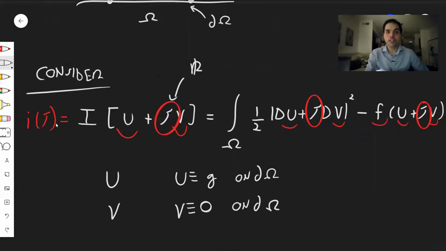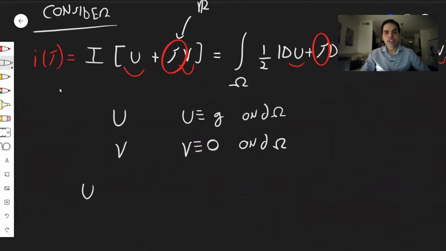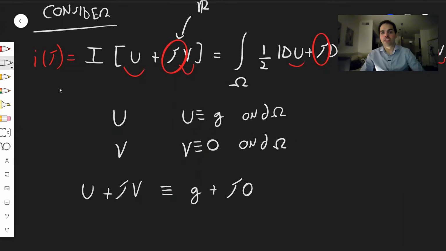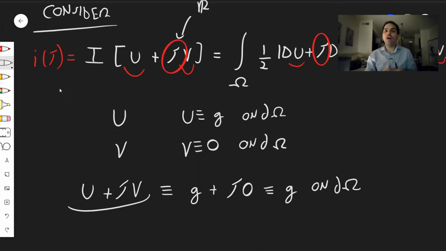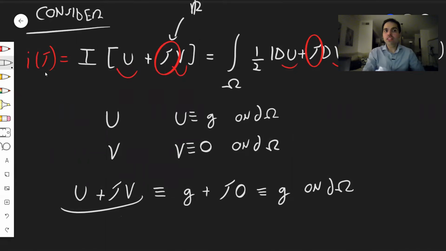Well, notice, for every tau, u plus tau v on the boundary is identically equal to g plus tau times 0, which is just g on the boundary. So in fact, our u plus tau v are in our admissible class. They're in the correct class. Now, let's look at this function little i a little bit more.